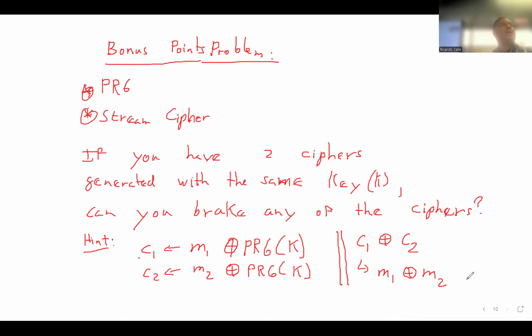Now, you wouldn't have M1 XOR M2, right? Potentially, you would only have C1 and C2, and you would want to figure out PRG, right? And obviously with the objective of getting M1 and M2. M1 and M2 is the plain text message.